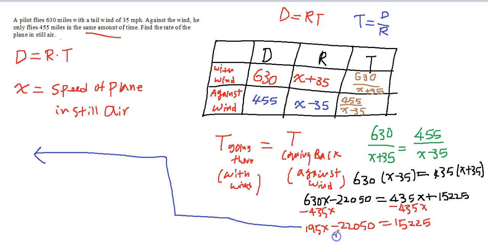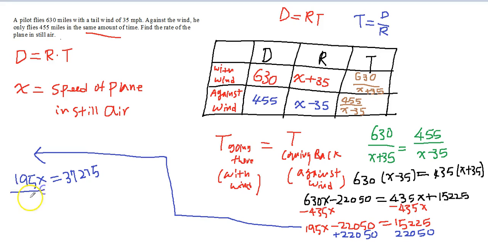So I have 195x equals 22050 plus 15225, which is 37275.